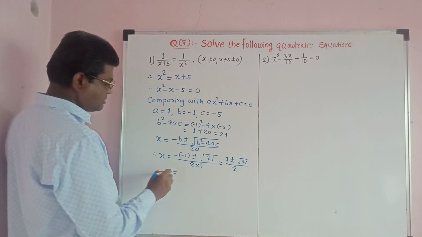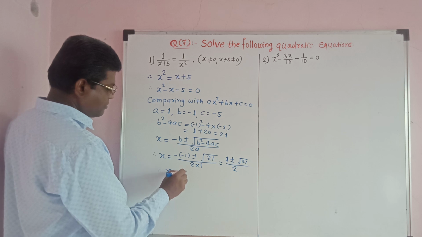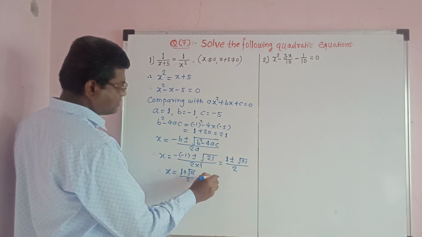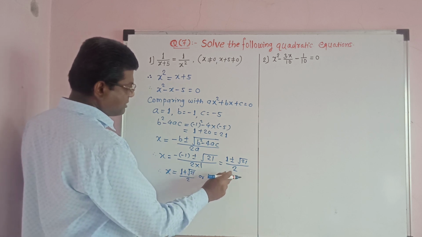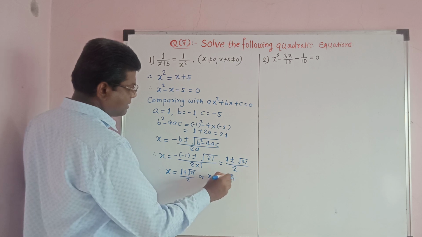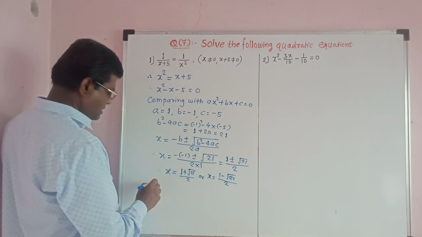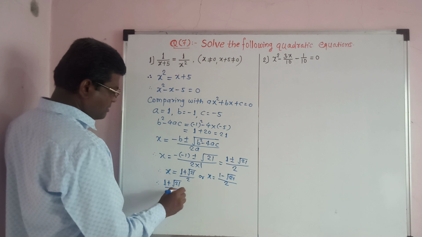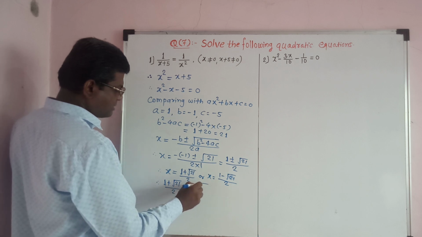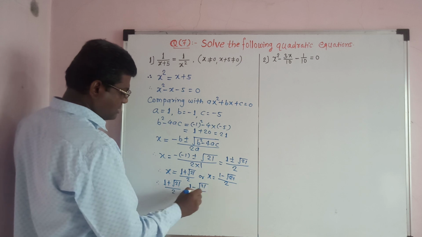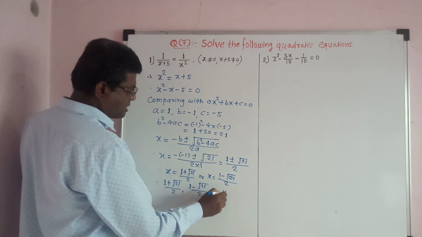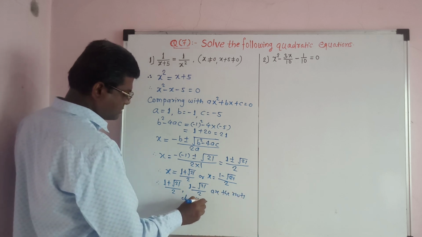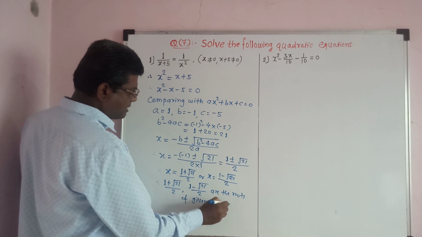Therefore we have x is equal to 1 plus root 21 upon 2, or x is equal to 1 minus root 21 upon 2. Therefore 1 plus square root of 21 upon 2, comma, 1 minus square root of 21 upon 2 are the roots of given quadratic equation.